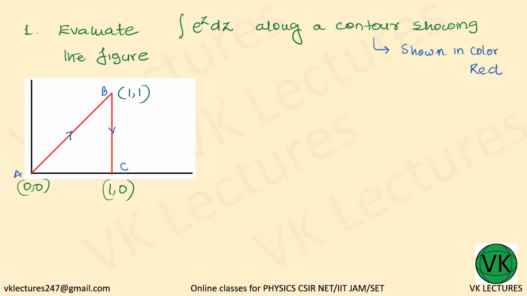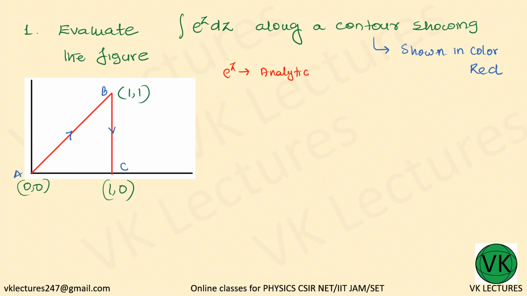Evaluate the integral e to the power z dz along the contour shown in the figure. The contour shown in the figure is the one mentioned in color red. Okay, so you have to find the integral along a to b and from b to c. Now e to the power z is analytic.